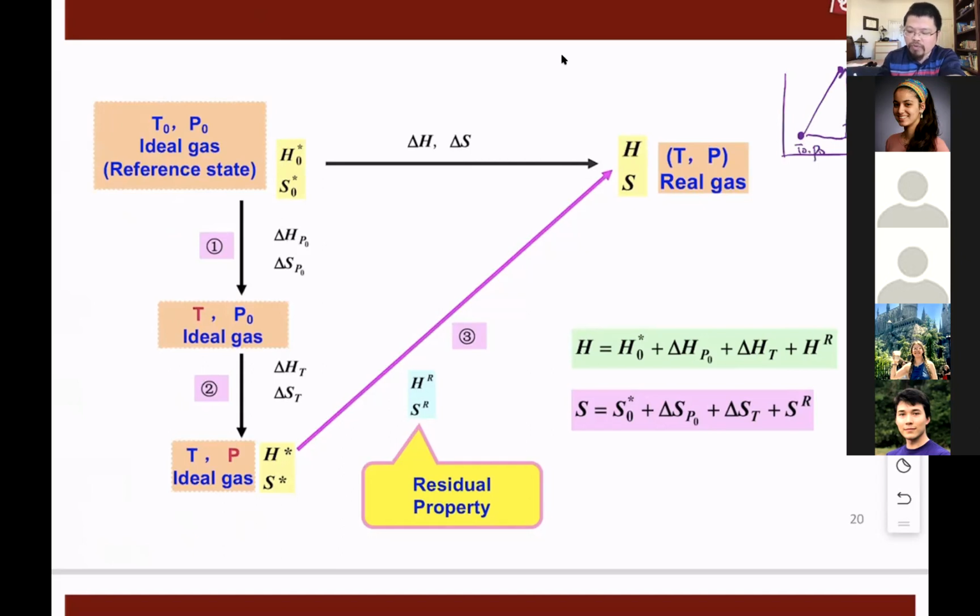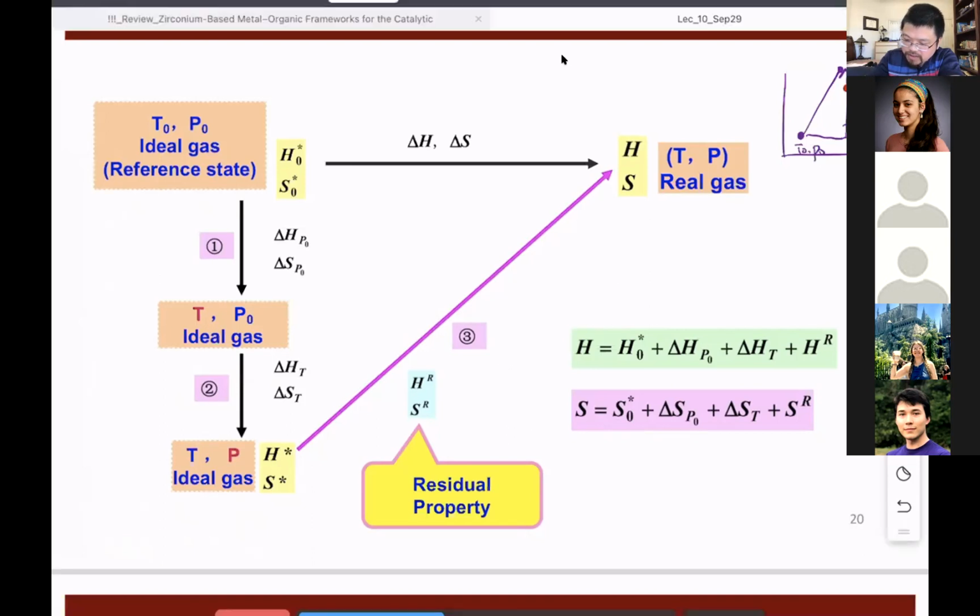So on this slide, we are actually adding this term. We call this the imaginary TP condition. Okay. And that will behave as ideal gas.